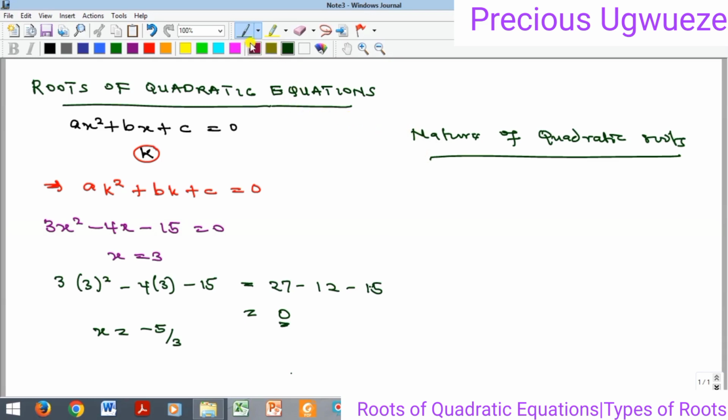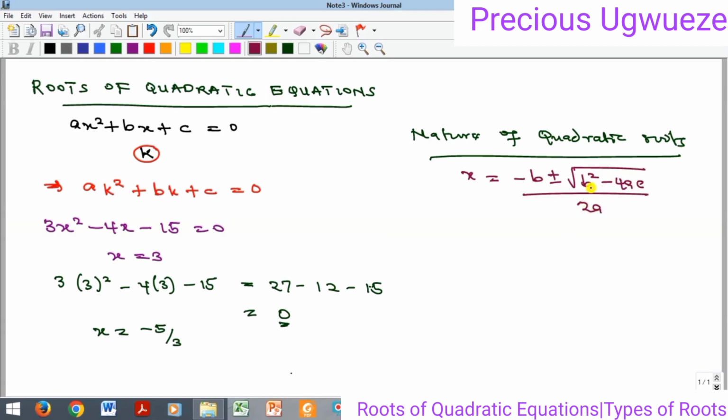And this is dependent on what we call the discriminant of a quadratic equation. So what is this discriminant? You recall that by the formula method, which you have learned, x, which is a variable, is equal to minus b plus or minus the square root of b squared minus 4ac, all over 2a.